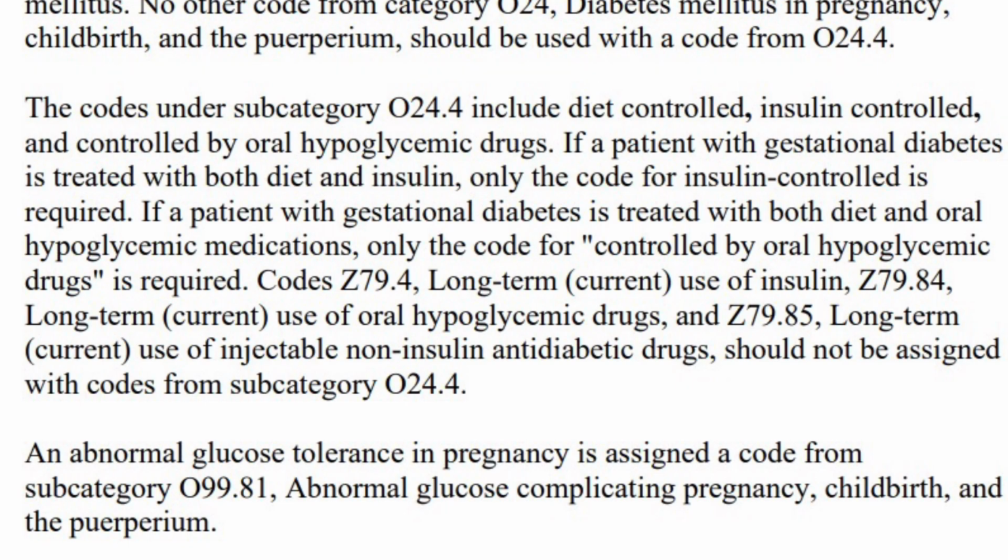So if the patient has gestational diabetes, the pregnancy-induced diabetes, and if the patient is on diet control, you will be going with the diet control diagnosis, insulin control or controlled by oral hypoglycemic drugs. In this scenario, you will not be coding the long-term use of insulin or oral hypoglycemics. Why? Because this patient is not using it long-term.